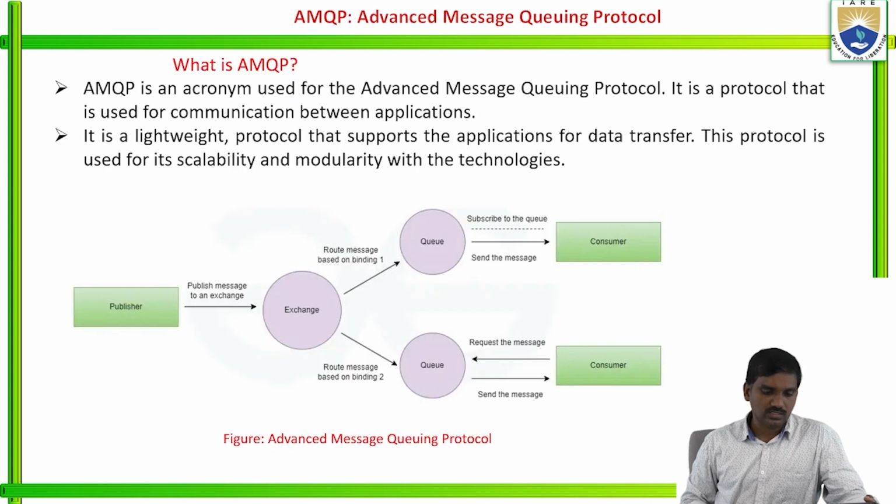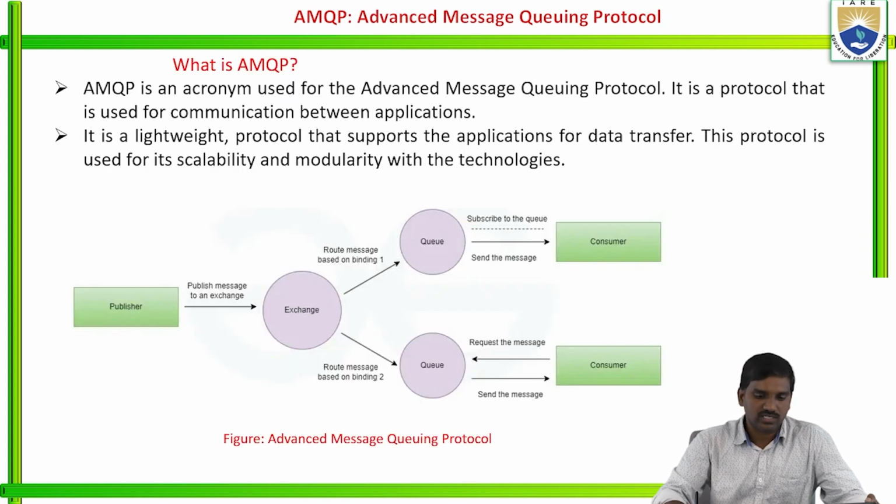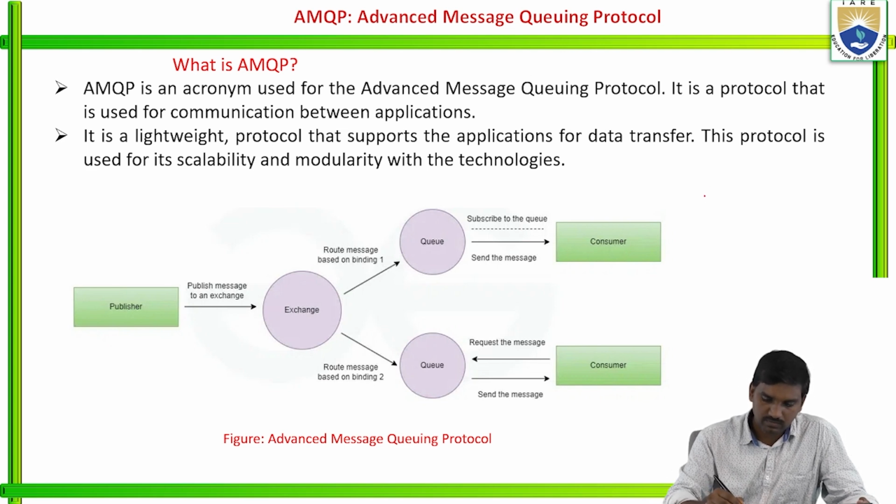So what is AMQP, and what are the main specifications of AMQP? AMQP is used for advanced messaging, Advanced Message Queuing Protocol.